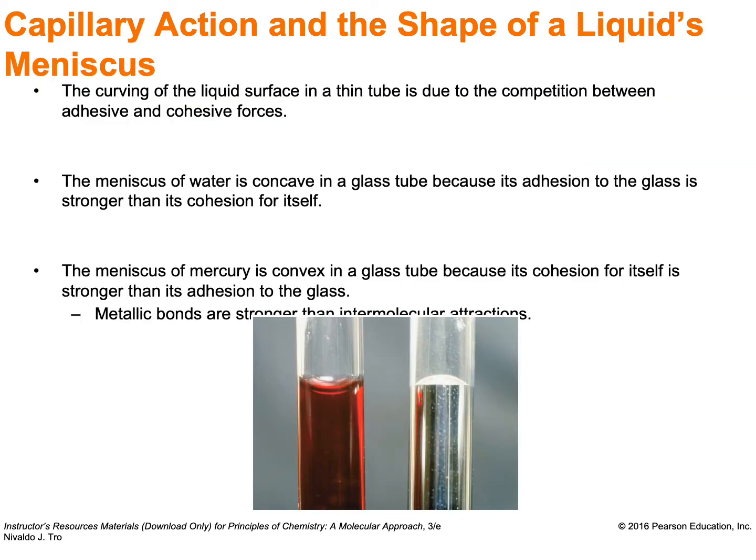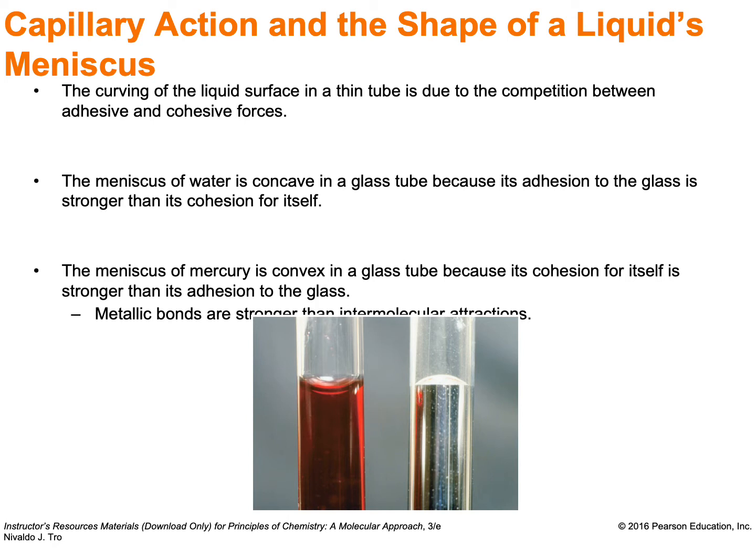This is an interesting slide showing competing forces in two different liquids, water and mercury. Water forms a concave top due to its relationship to the surface of the tube, and mercury is the opposite, convex. The curving of the liquid in a thin tube is due to the competition between two forces, adhesive and cohesive.